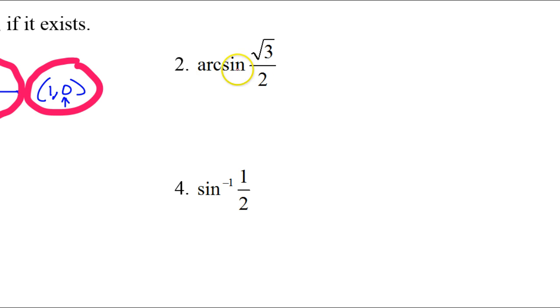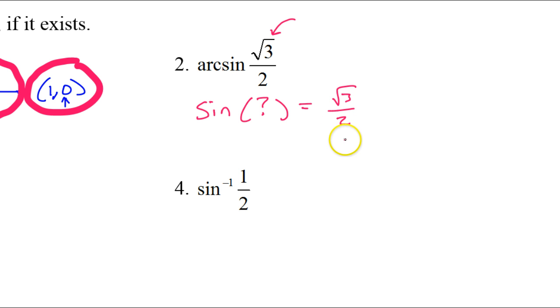Anyway, I think it'll make more sense when we look at some other problems. So the arcsine of radical 3 over 2. Again, the arcsine, the inverse sine, is an angle. We're looking for the angle that will give us this for an answer. In other words, you should be thinking, okay, the sine of what angle is equal to radical 3 over 2?